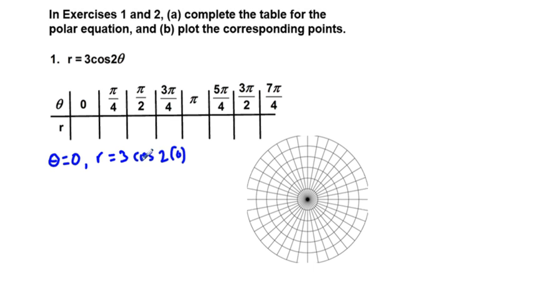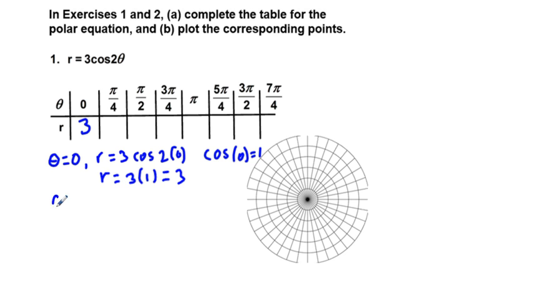And that's going to be the cosine of 0. Cosine of the angle 0 is equal to 1. So in this case we have r equals 3 times 1, which equals 3. So input for theta of 0, output of radius of 3.